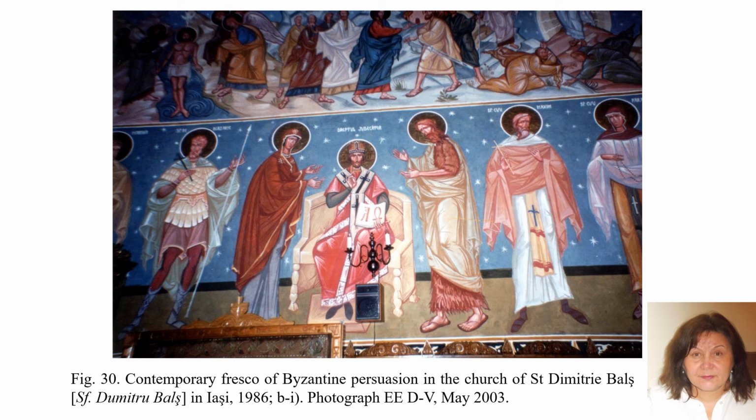And the colors are a bit intense. I think some of them have some chemicals within, but I know for sure that the icon painters today still use traditional pigments. I saw them doing that.